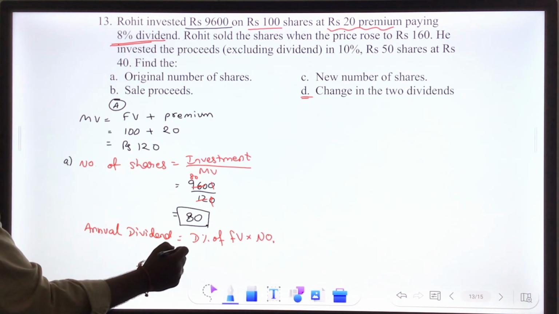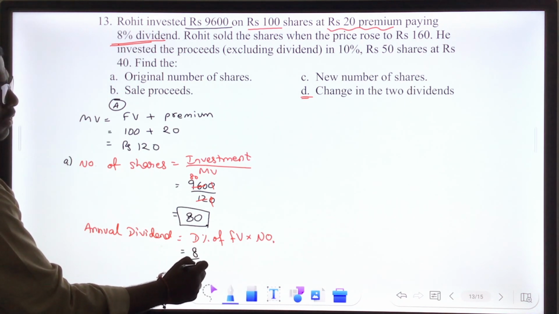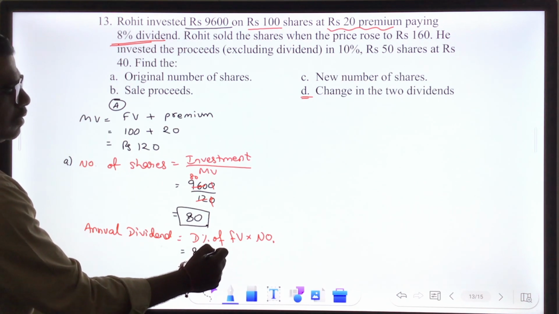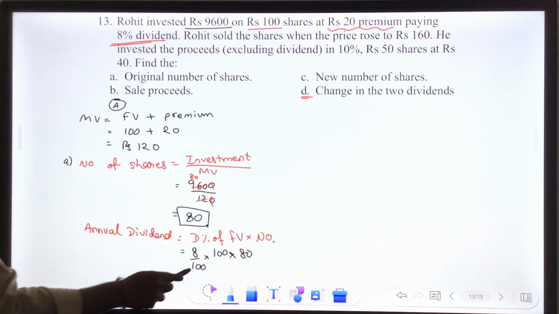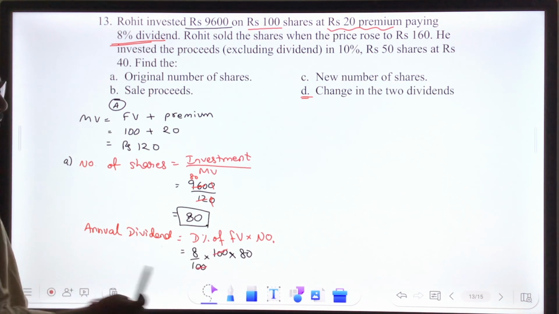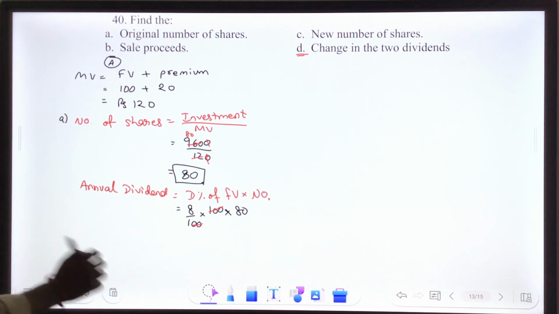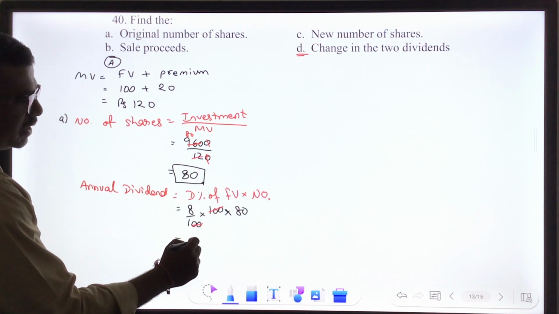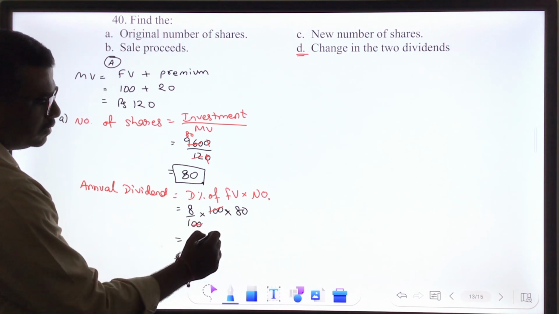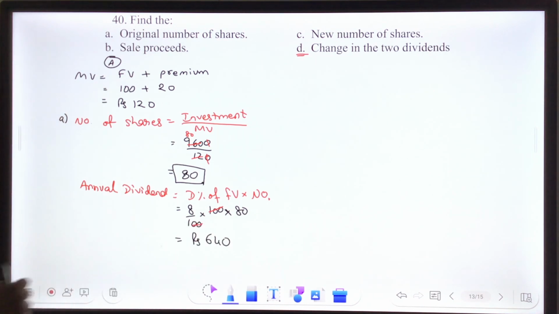So that is 8 upon 100 into face value 100 into number of shares 80. So in reducing this, we get annual income of company A is rupees 640.